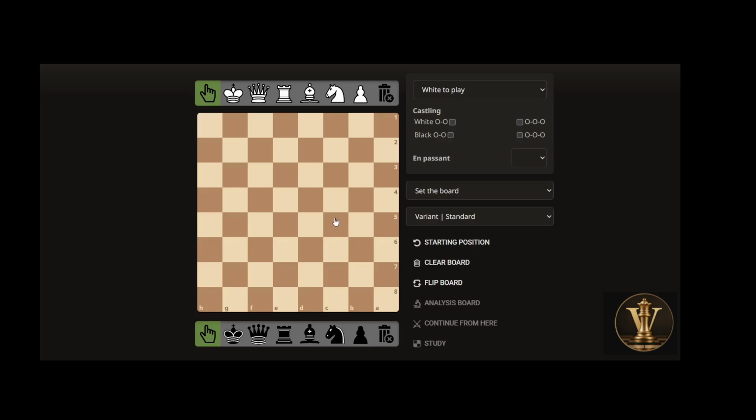And similarly, the same thing happens for ranks. When you were dealing with white pieces, the ranks were 1, 2, 3, 4, 5, 6, 7, 8. But when you are dealing with black pieces, these ranks also get inverted. It means 1, 2, 3, 4, 5, 6, 7, 8 start from top to down.